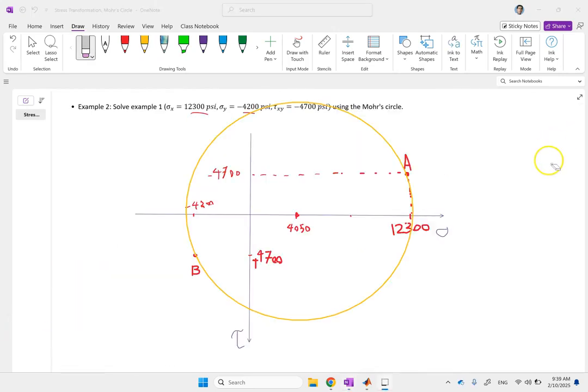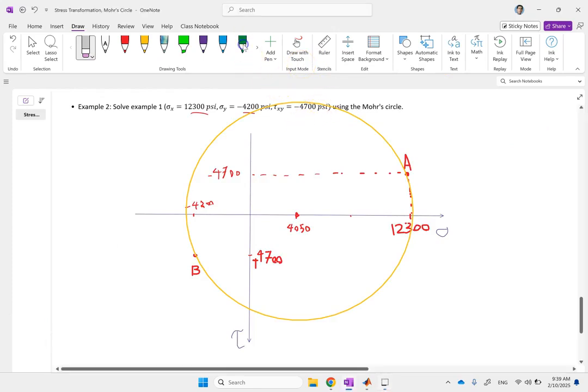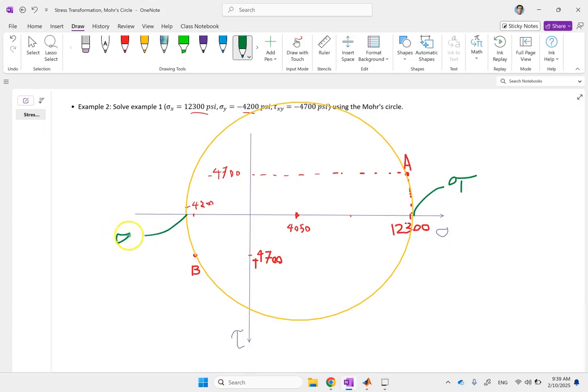Okay, so let's say a circle like this, and now if I want to find my maximum and minimum values and everything, so this point is my sigma 1, this point is my sigma 2, correct? And then I can get my tau max and tau min, so this is my tau max, and I can find any other thing that is needed.